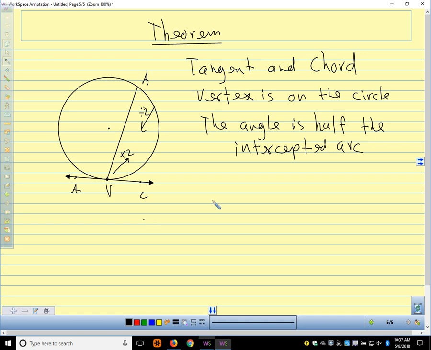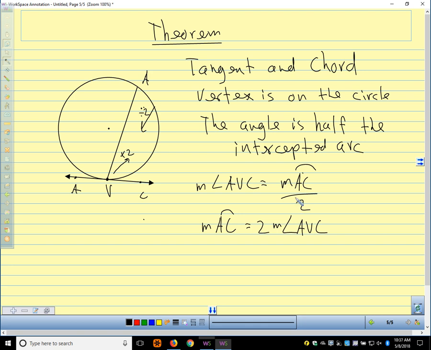So in your flip book, the measure of angle AVC is the measure of arc AC divided by 2. And the measure of arc AC is 2 times the measure of angle AVC.